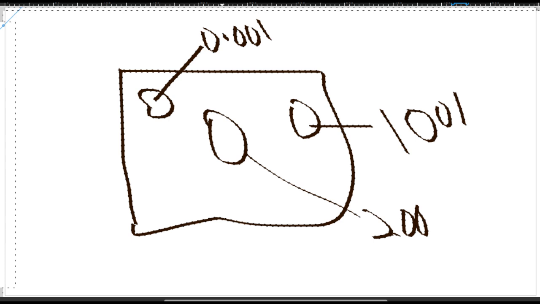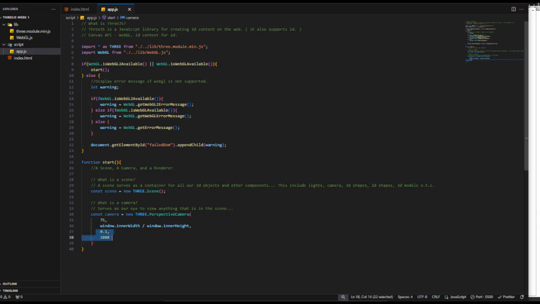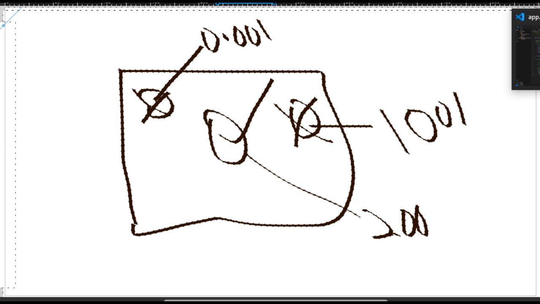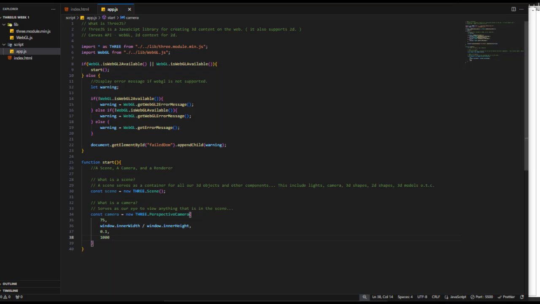Actually, if you are tempted to set it to 1, it's still a reasonable near clipping plane, but we are going to use 0.1 for this tutorial. So you can use any value you want, but be aware that if the range is too large, our camera is rendering too much at a time, and this can slow down our frame rate, and we don't want that.